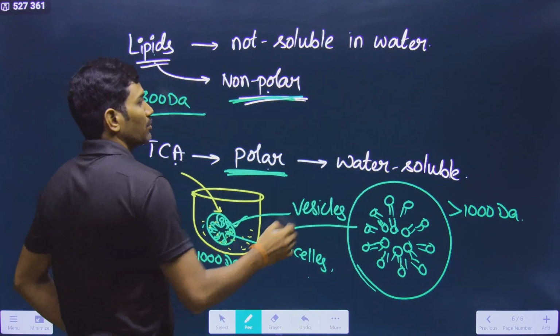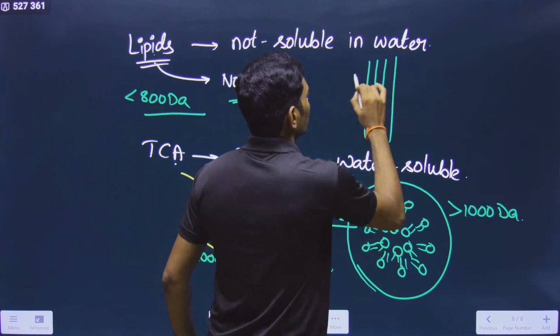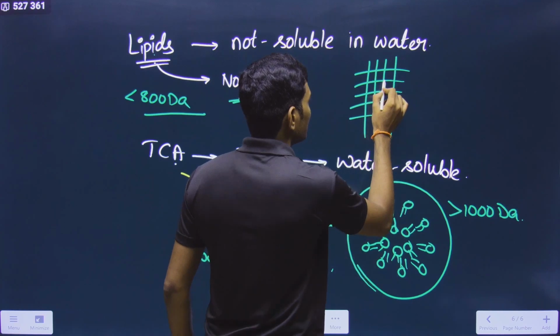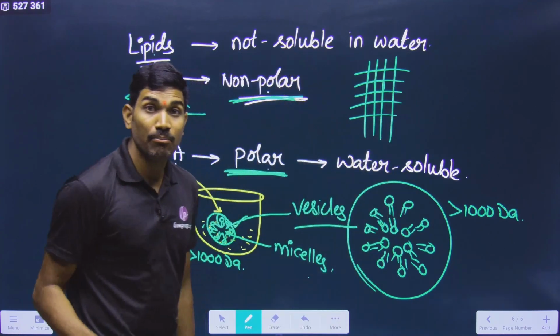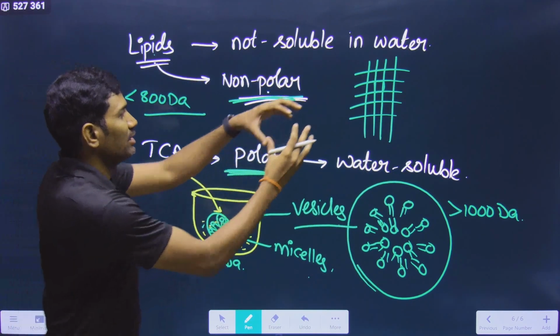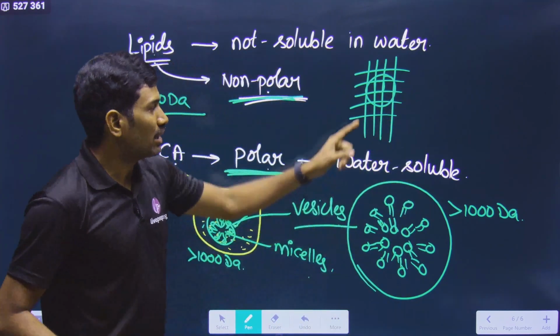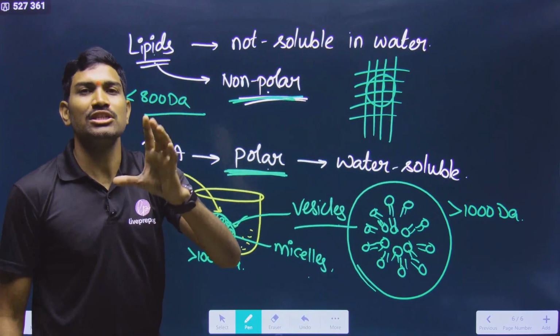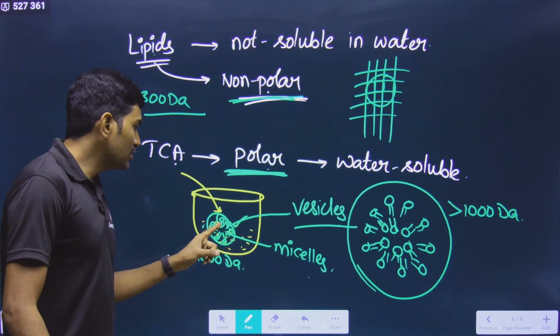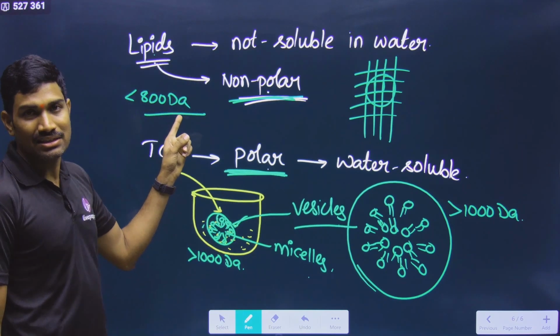So now what is the problem? For that cheesecloth, if you are observing here, this size is small. But since they are forming a large group like this, now it cannot pass through that small pore of the cheesecloth. Understood or not? Individual lipid is having less size.